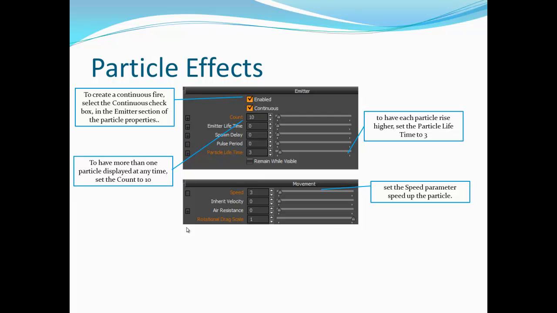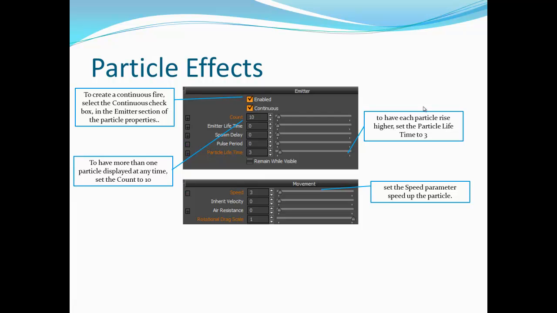Moving on to particle effects. CryEngine has another really good component, which is particle effects. To change the way particle effects look, for example, you could set this clip to continuous, then the particles are going to loop, and the particles will not just fade away, they'll regenerate.